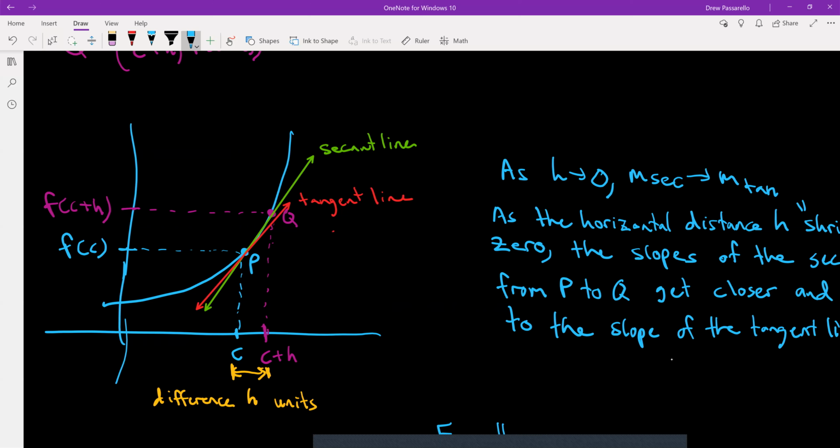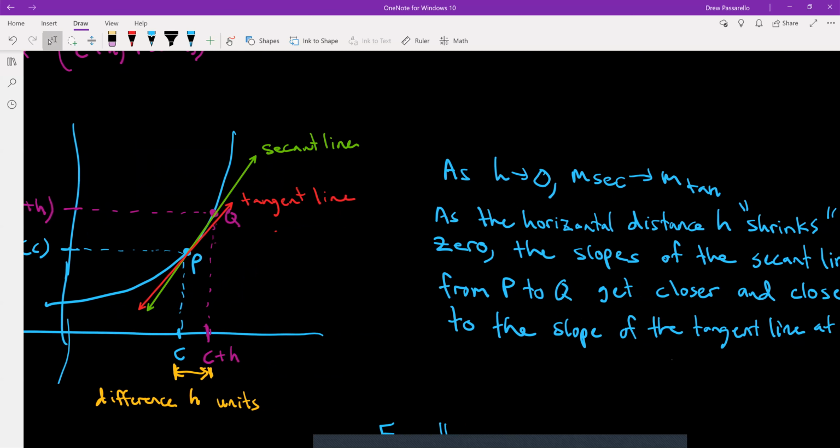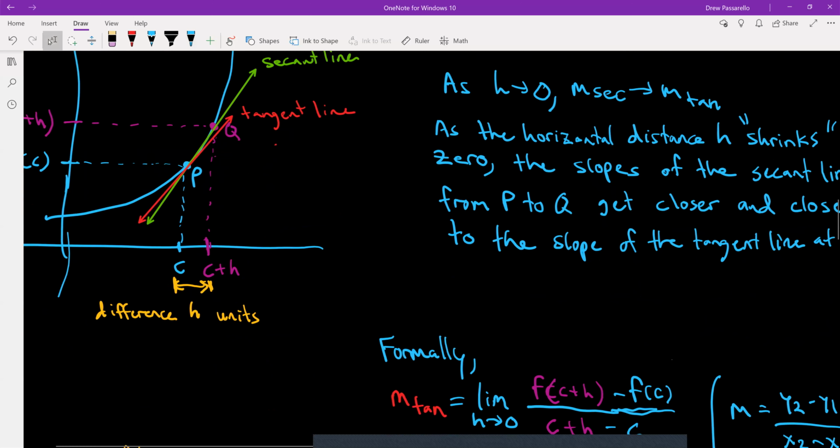This is just formalizing everything we were talking about before. When I was saying as Q approaches P, that is the same thing as saying as the distance h approaches 0, the slope of the secant lines approaches the slope of the tangent line. So the closer Q gets to P, the smaller this distance is going to be.